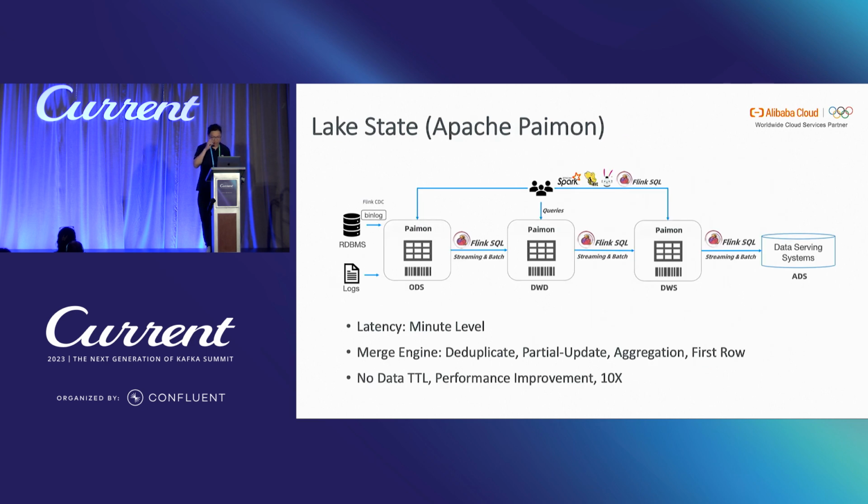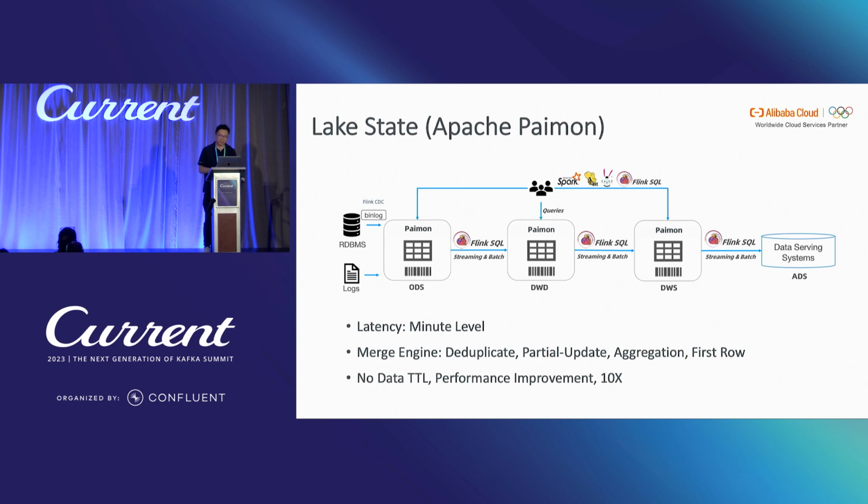And the third way is that you can also not use Flink state. You can use something else like a lake state, maybe Apache Paimon. It provides minute-level latency and replaces state. You can use some merge engines of Apache Paimon.